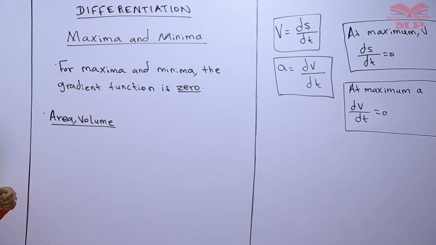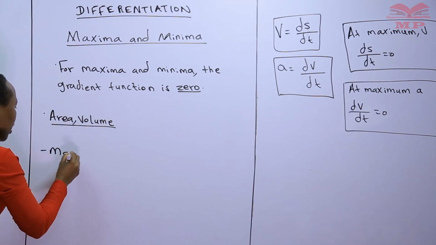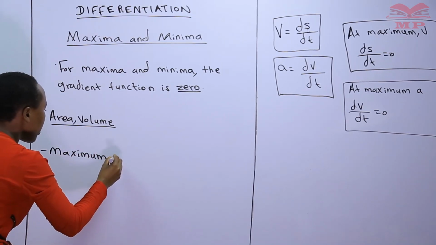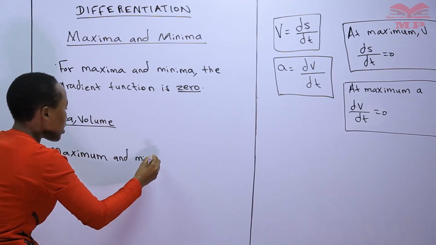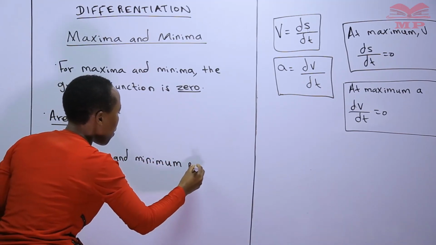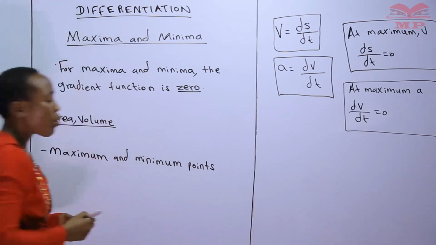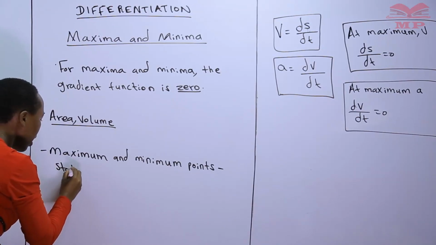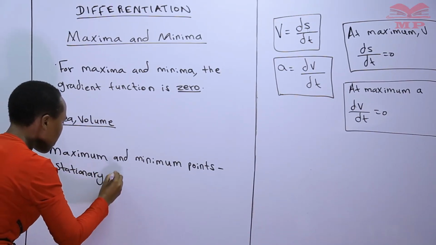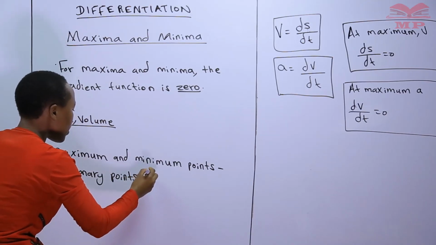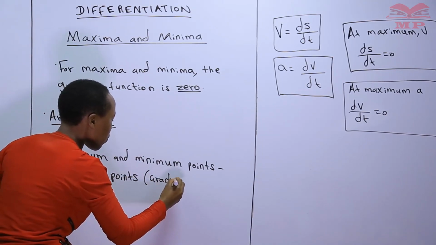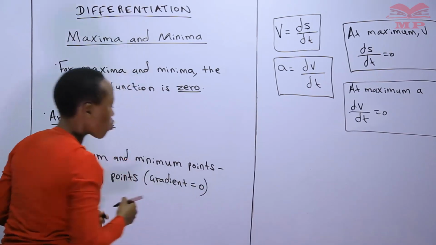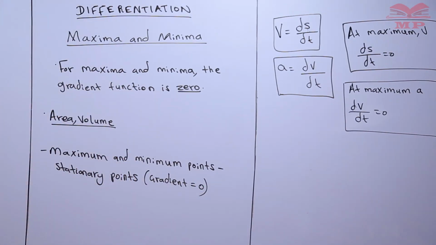Because remember we said that maximum and minimum points are turning points. We said that they are stationary points, and the gradient of a stationary point is equal to 0, both for maximum and minimum.